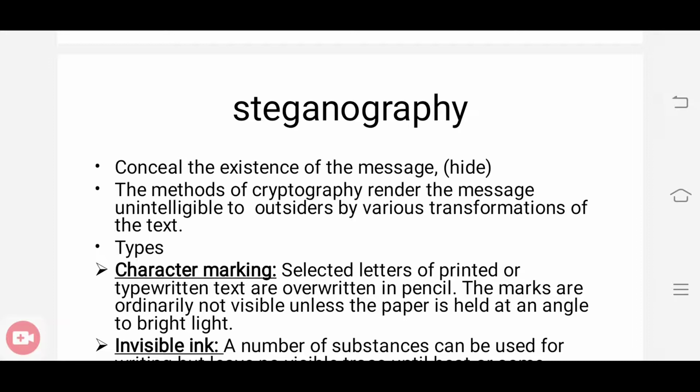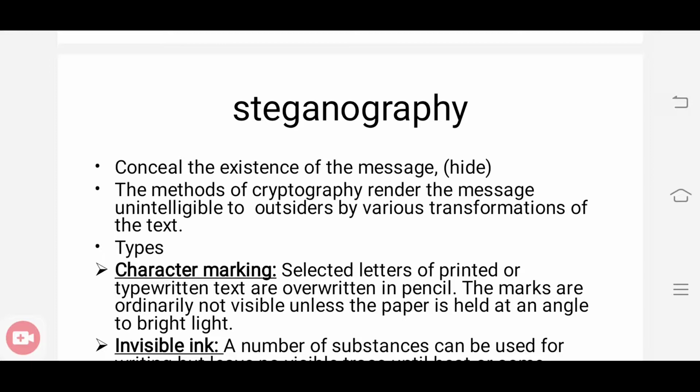In cryptography, we are converting the original message into a different message. But in the case of steganography, we are not converting the original message or the plain text into some other form, but we are taking the original message and hiding some part of the message. Clear? That is actually steganography.